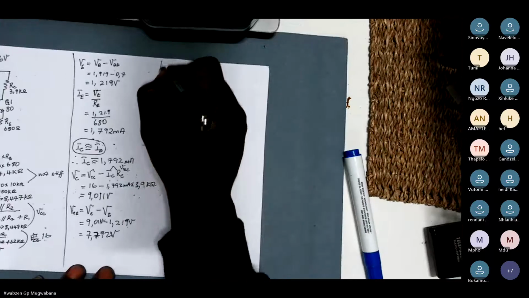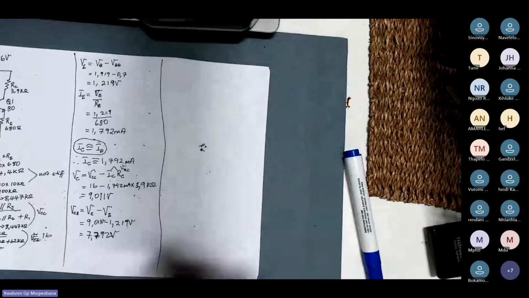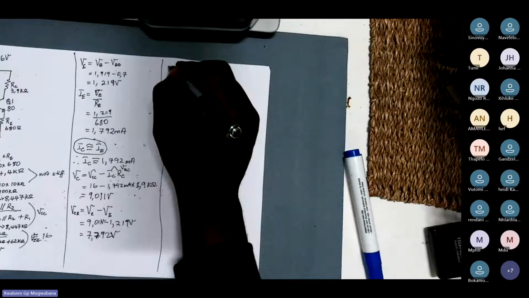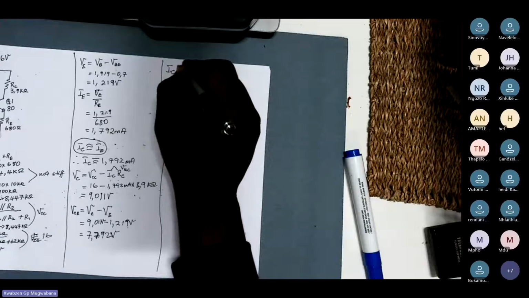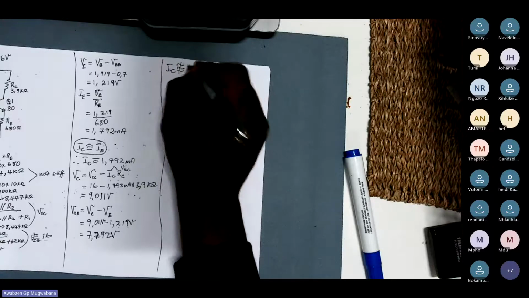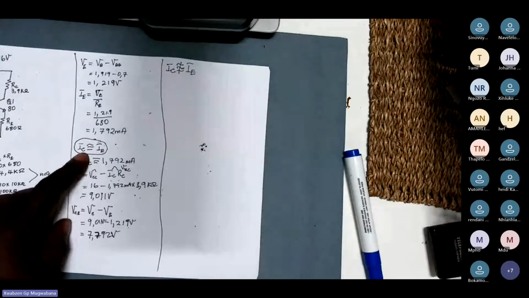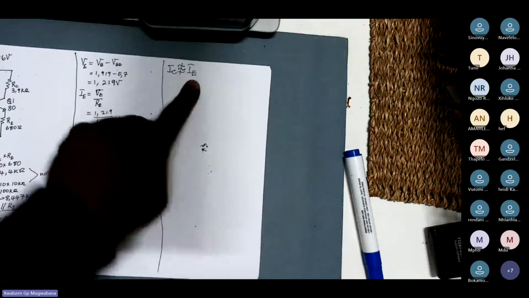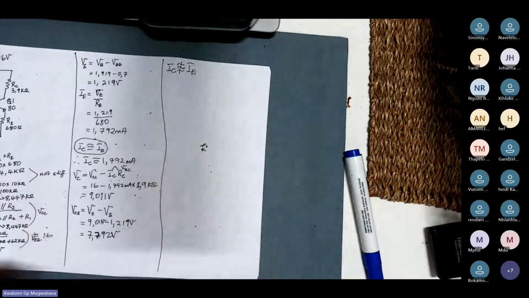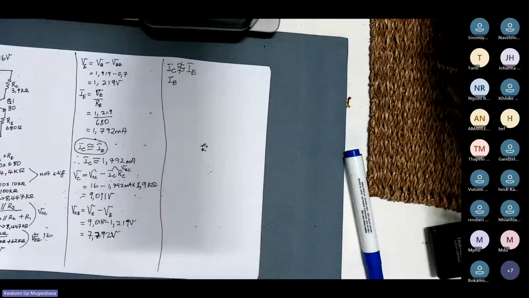Now, if we are not on this condition, we are assuming that IC is not equivalent to IE, which means we must find IB, right?